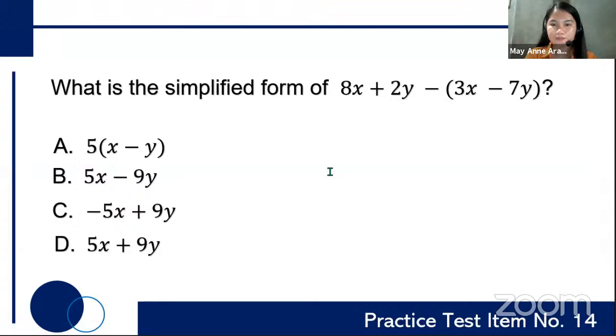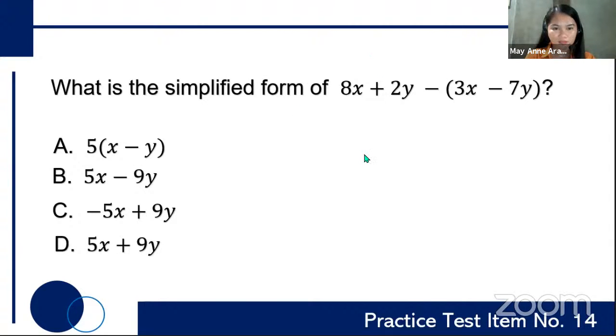Ayan, letter D. So, 8x minus 3x, so 5x. So, matitira na lang dito sa B and C, di ba? So, 2y minus negative 7y. Don't forget yun, i-distribute yung negative sign. So, 2y plus 7y is 9y.